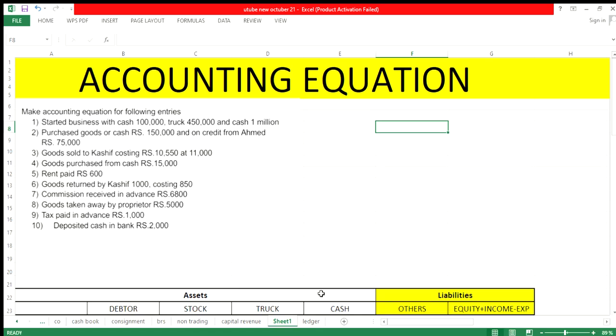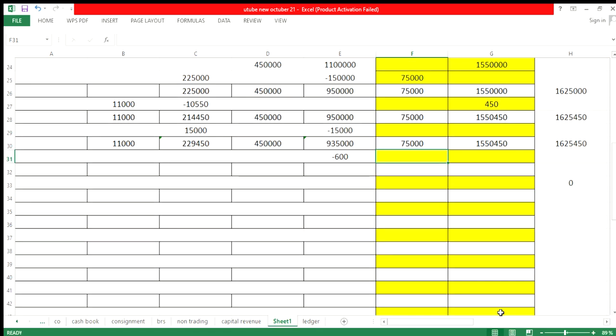And since rent is your expense, please note expense is for equity. Here minus 600 due to expense. Expenses would be noted down in equity. Entry is completed.